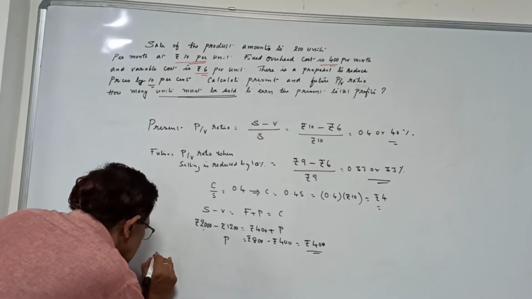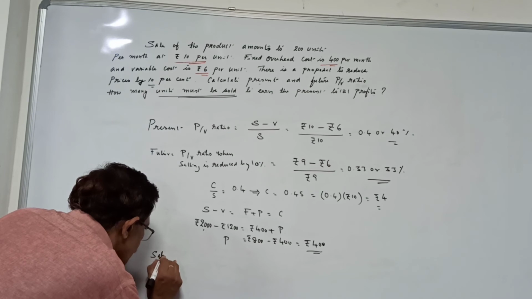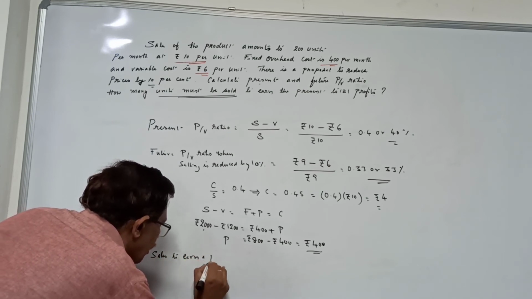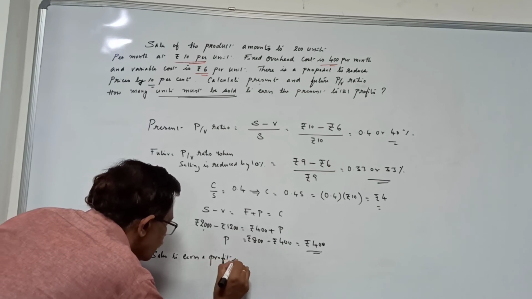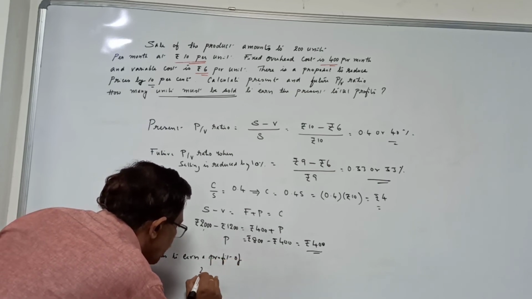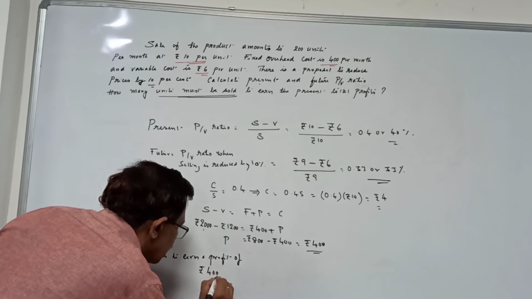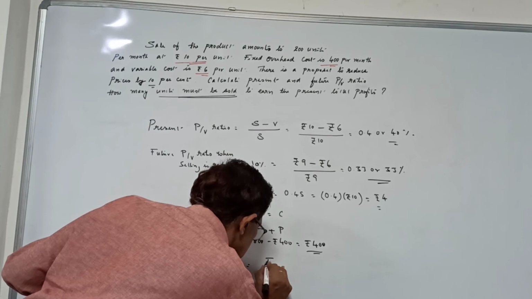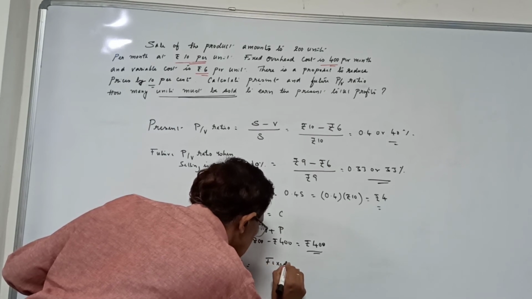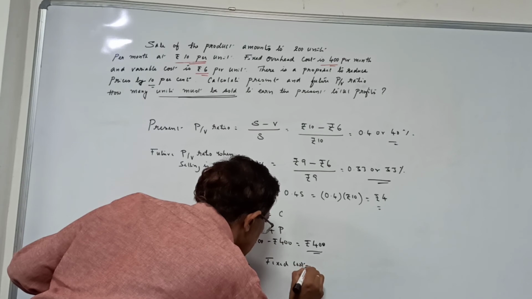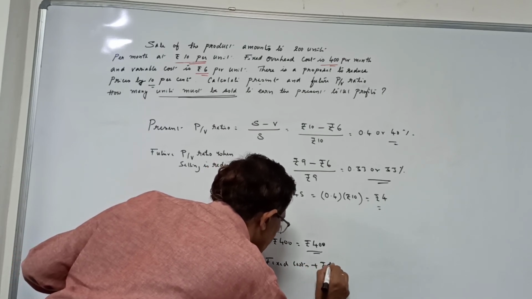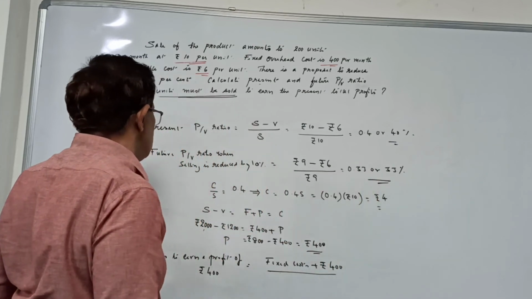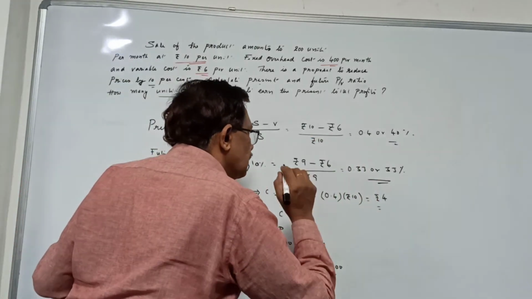So the sales to earn a profit of rupees 400 will be fixed cost plus target profit divided by new PV ratio, which is given as 0.33.